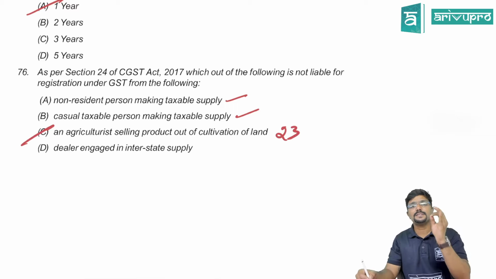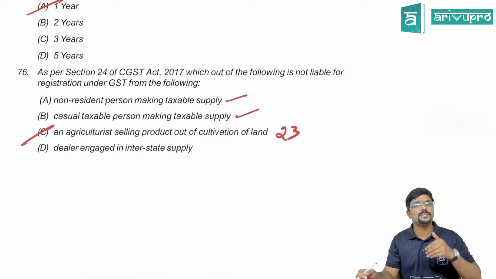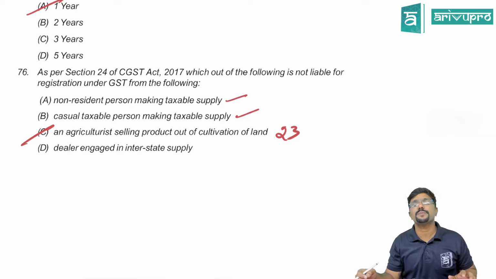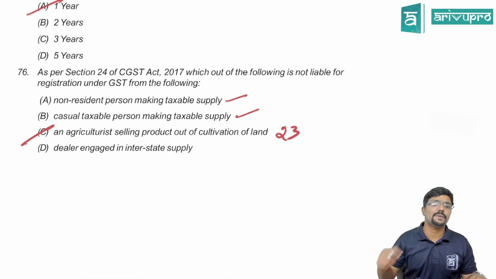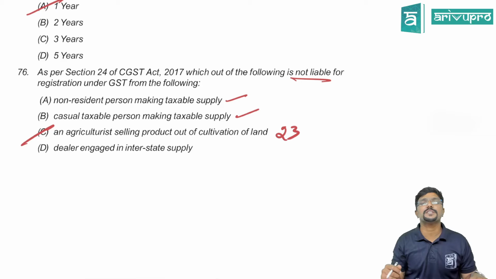An agriculturist selling product out of the cultivation of land is not liable to get registered irrespective of their turnover, as they are covered under section 23. Then dealer engaged in interstate supply. A, B and D are actually covered under section 24, whereas C is not covered under 24, guys. So what they have asked is, who is not liable under section 24?